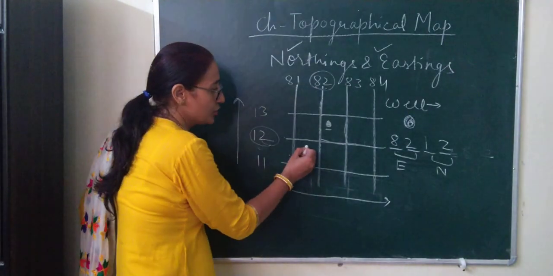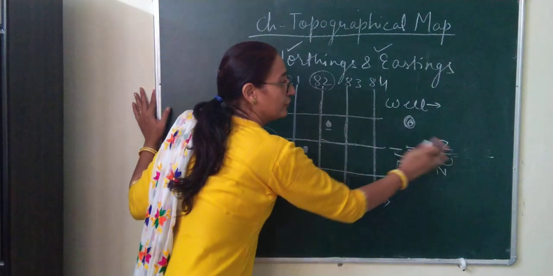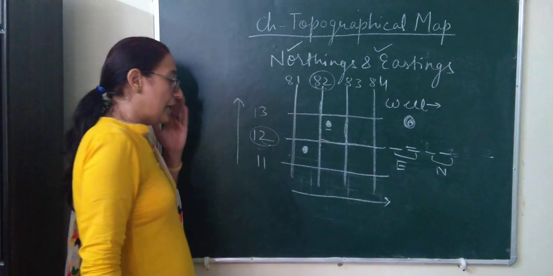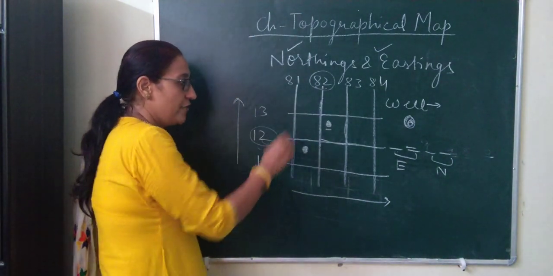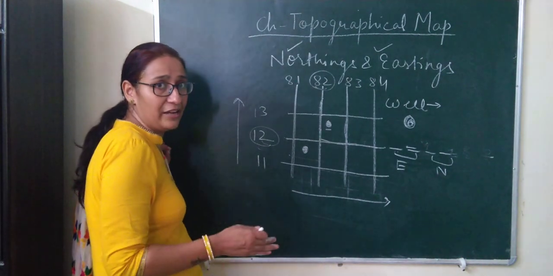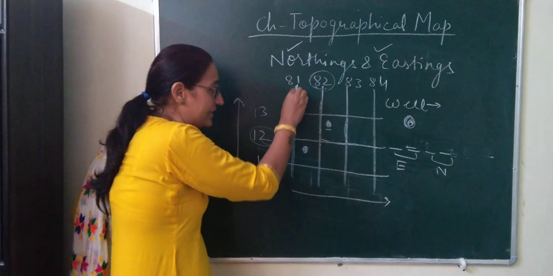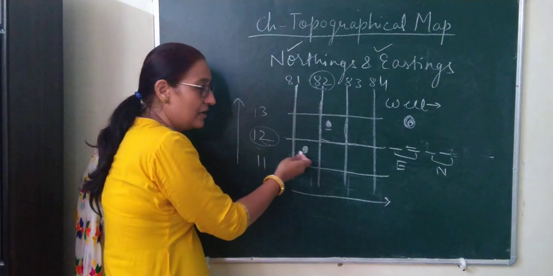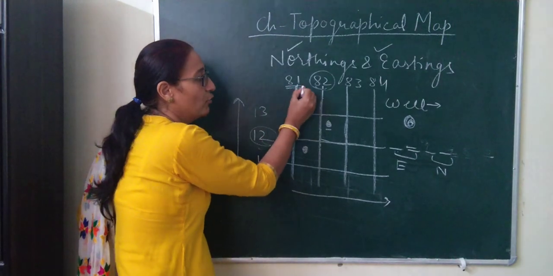Suppose I am taking this well here. So what will be the 4 figure grid reference of this well? Again, eastings will come first. So which easting line lies on the west side of this symbol? This standing easting line located on the west side of the symbol is indicated with 81.